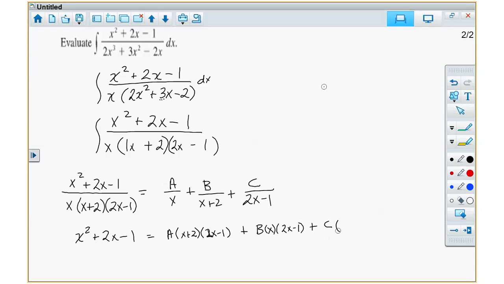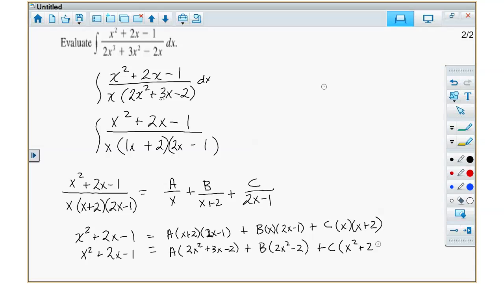Plus c times x plus 2. x squared plus 2x minus 1 is equal to a times, of course that's what we start with, 2x squared plus 3x minus 2, plus b times 2x squared minus 2, plus c times x squared plus 2x. Check my algebra.